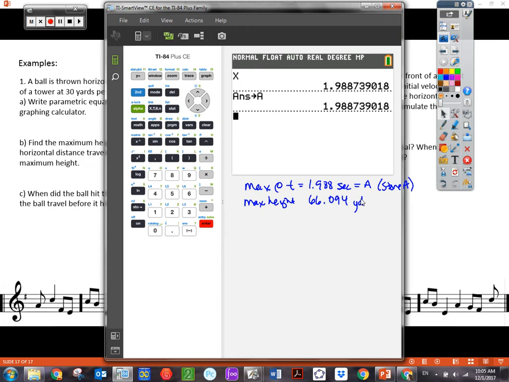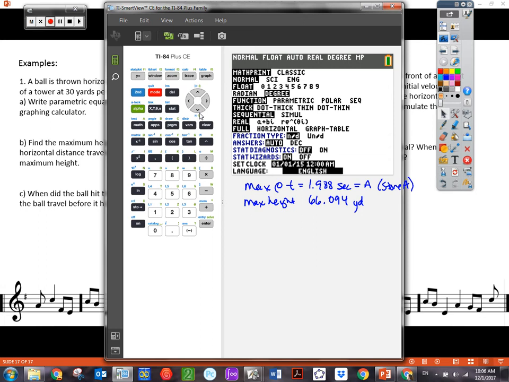So it asks us, we got the maximum height, find the horizontal distance traveled when the ball reaches maximum height. So now we need to go into parametric mode. We need horizontal distance. That's the only place where we can find horizontal distances, in parametric mode. So let's go to our mode button and let's change to parametrics.